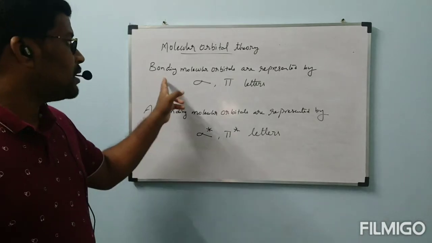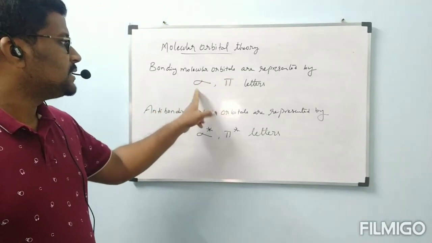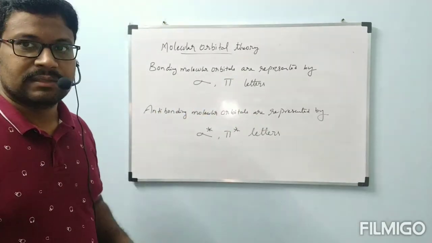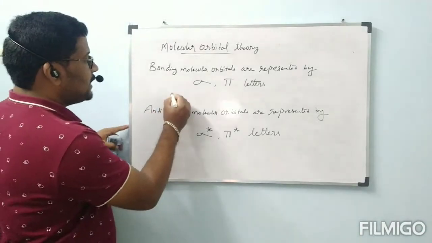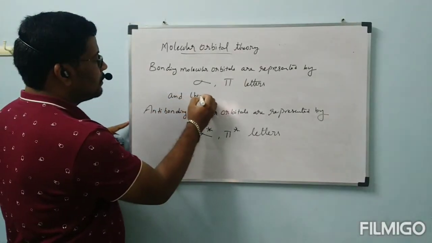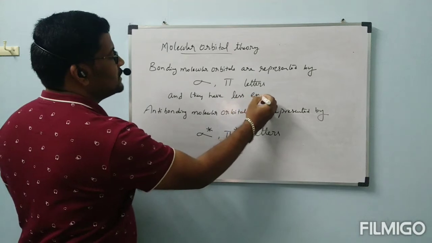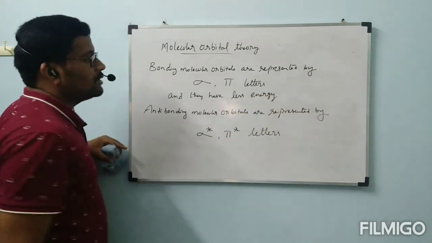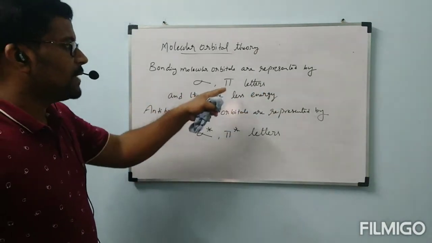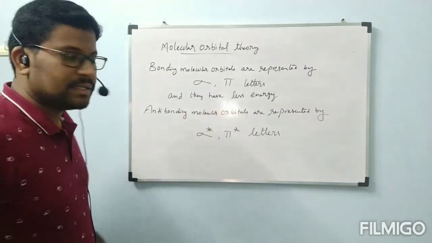Bonding molecular orbitals are represented by sigma, comma, pi letters and they have less energy.